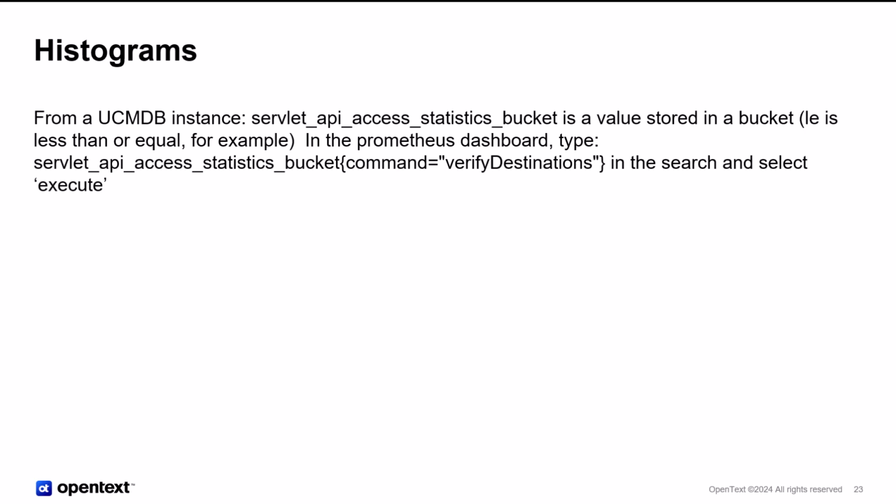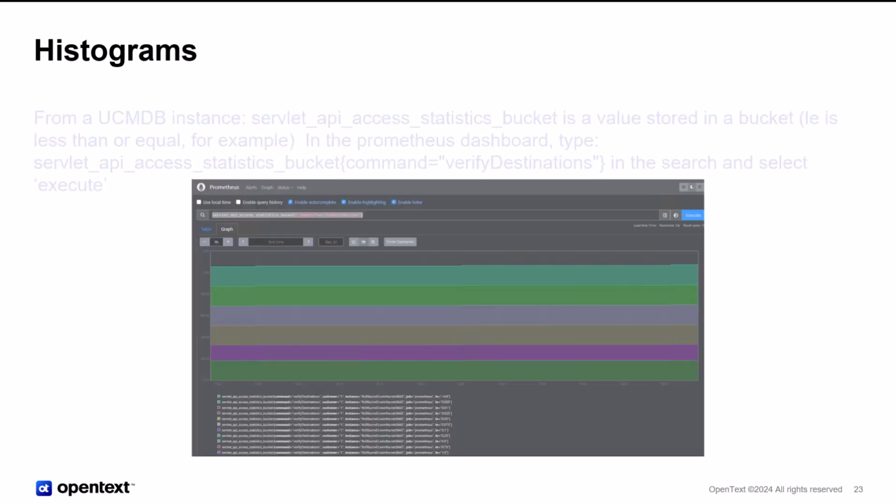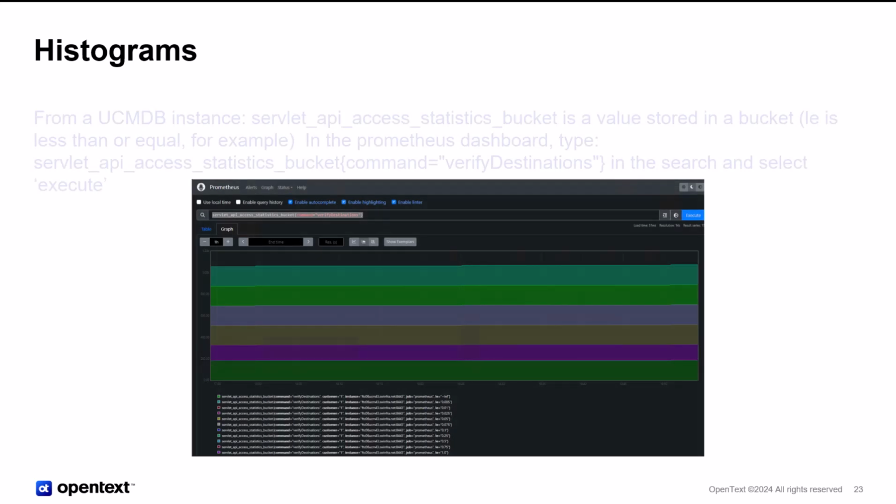So for example, if you in the Prometheus dashboard type a bucket variable like Servlet API Access Statistics bucket, and then the command inside of that bucket and select execute, you'll get a graph that looks as follows.